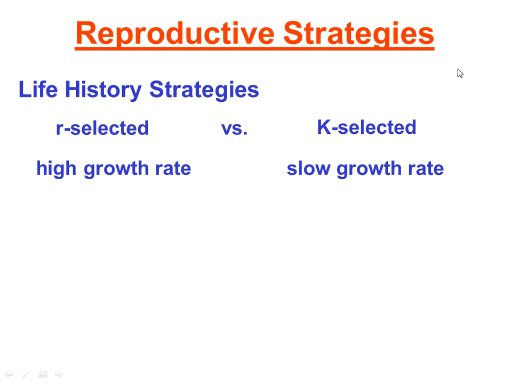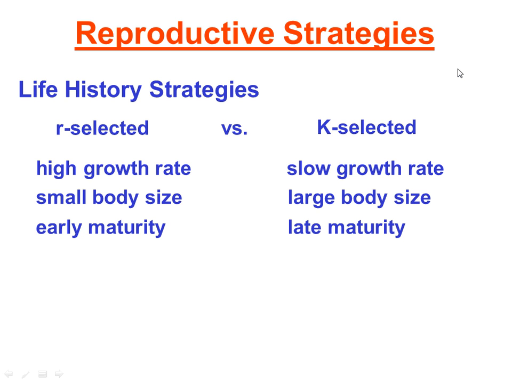R stands for growth rate, and K selected are going to have a slower growth rate. You can also interpret this as having a high biotic potential or a low biotic potential, which we discussed the other day. R selected are going to be smaller in size compared to the K selected. K selected organisms are going to have a large body size.